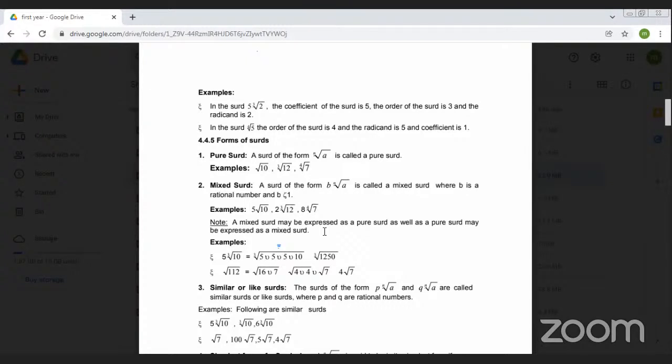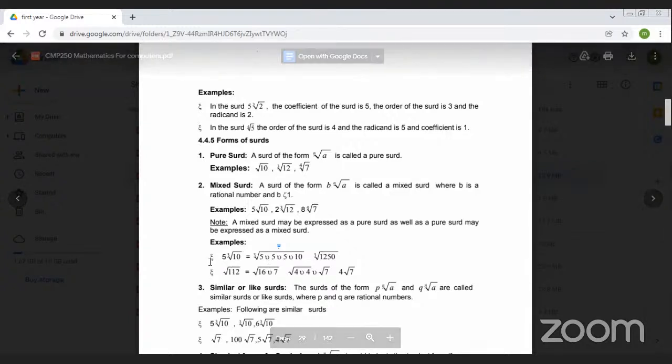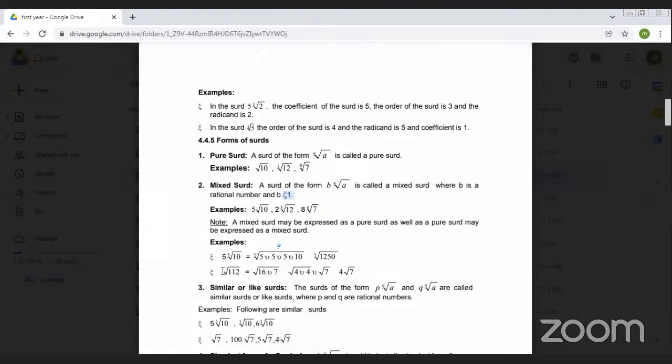If I am expressing B in terms of pure surd, then, see, the example they have given as mixed surd, B equals 1, correct? Here the value of B is equal to 1. But when we solve this part, you can see you got B as 4.